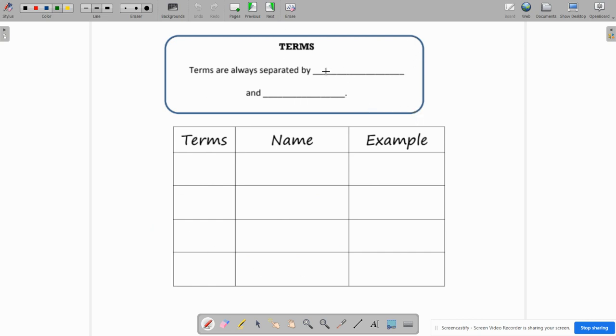So terms are always separated by addition and subtraction. When I'm talking about the number of terms, I'm basically asking you how many monomials are there. So think about that question. How many monomials are there? So an addition sign and a subtraction sign, we know that those are used to separate monomials.